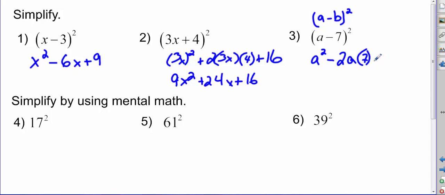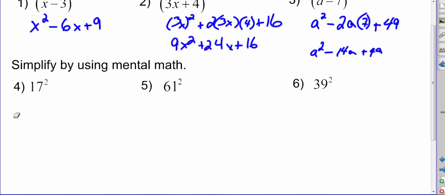Okay, and then we're also going to have a positive b squared at the end of this, so 7 times 7 is 49. And on this one, we're not done yet because we've got to multiply 2 and 7 together. So the standard form of this particular problem is going to be a squared minus 14a plus 49. And now we're done with number 3.